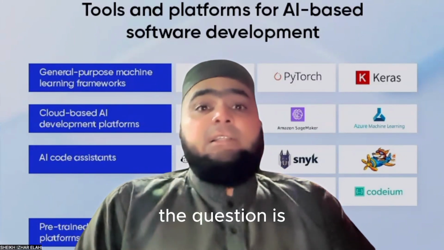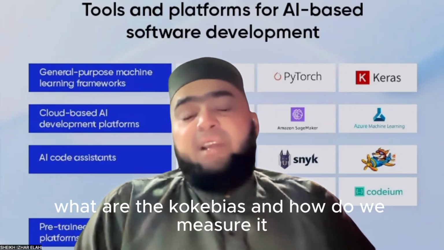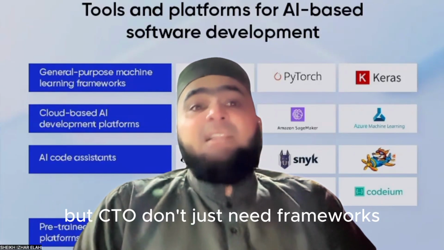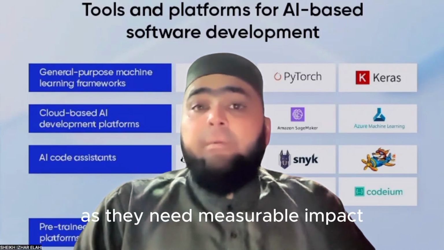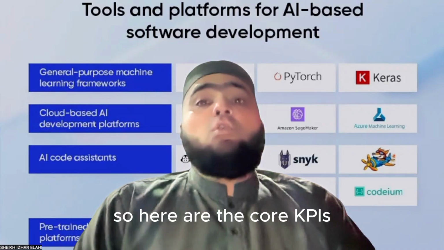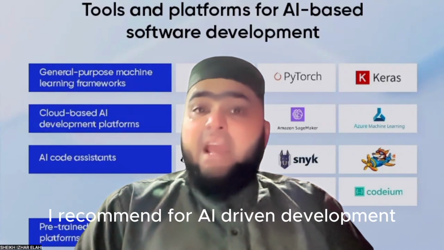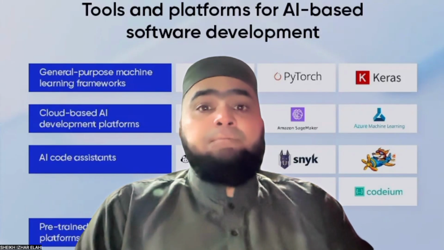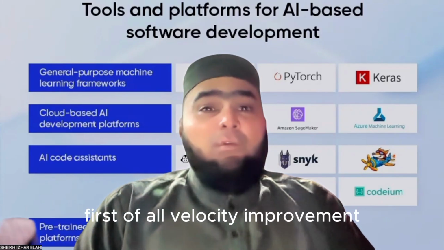The question is, what are the core KPIs and how do we measure them? CTOs don't just need frameworks, they need measurable impact. So here are the core KPIs I recommend for AI-driven development. First of all, velocity improvement.